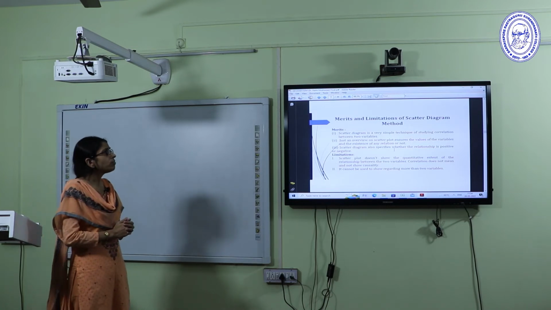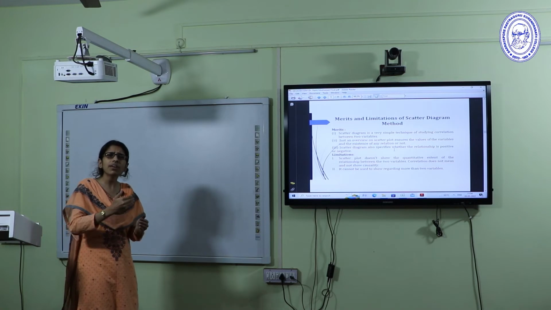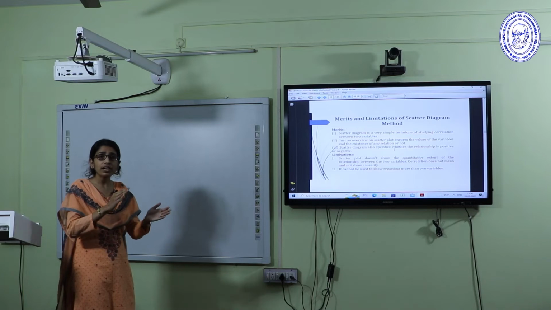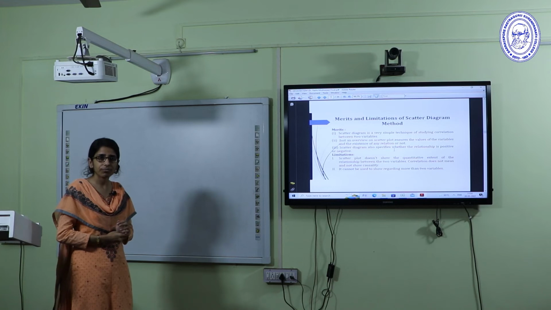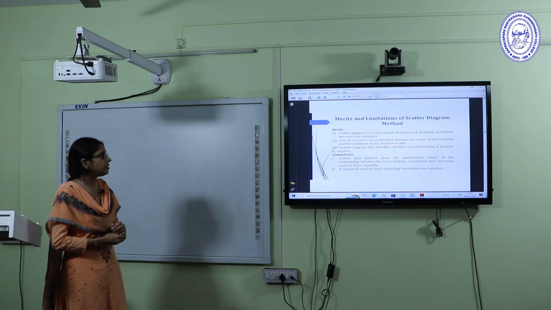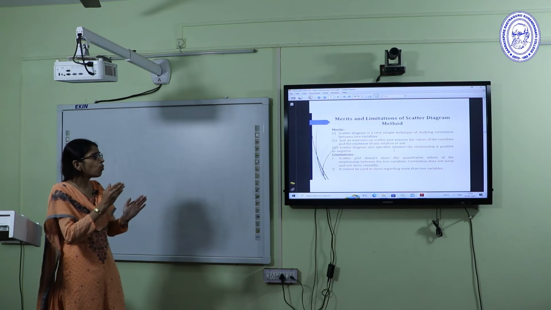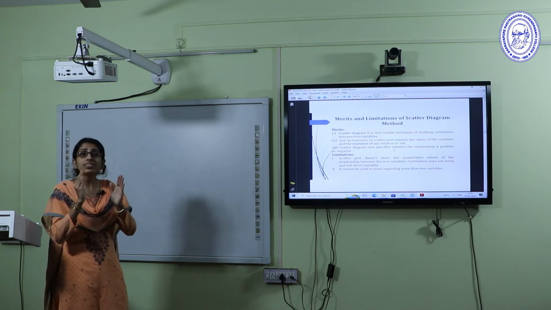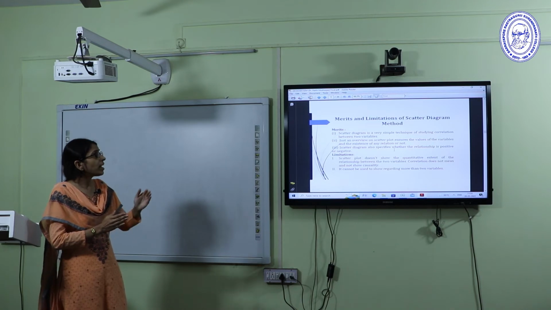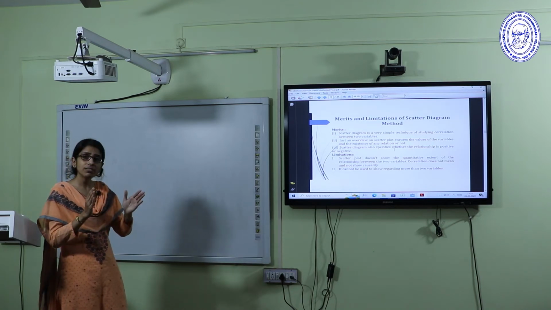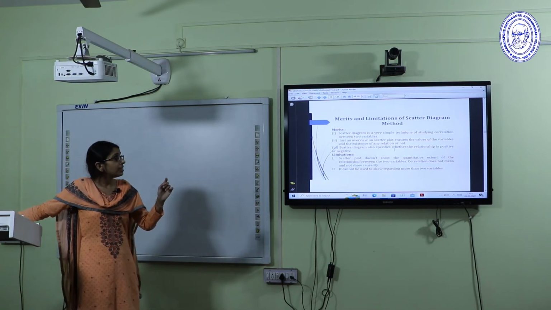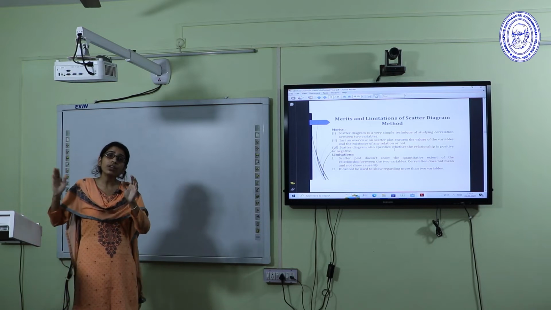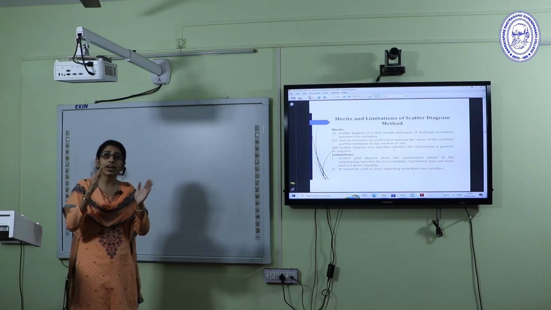The main merit of the scatter diagram method is that it is very simple and very easy to understand the correlation or the nature of correlation between the studied variables. The second one is that with just an overview of any type of scatter plot, you can see the values of the variables, the exact values of the variables, and also whether any kind of relationship exists between those variables or not.